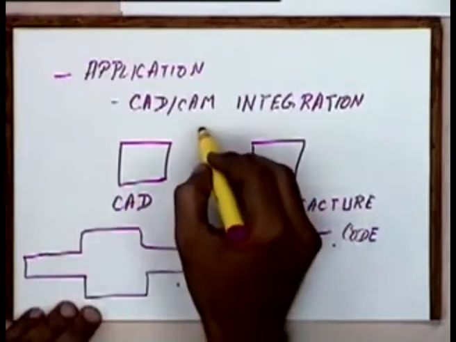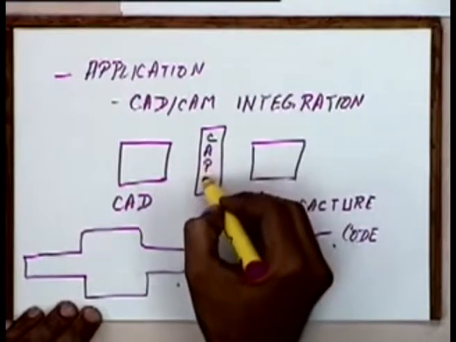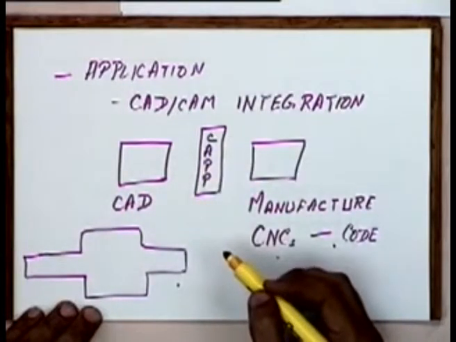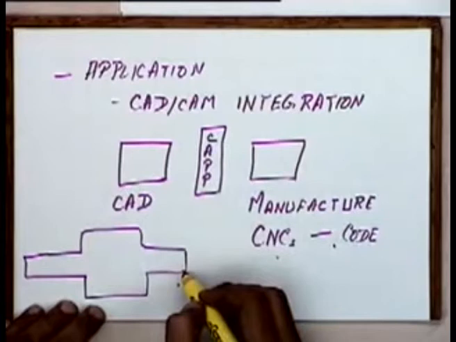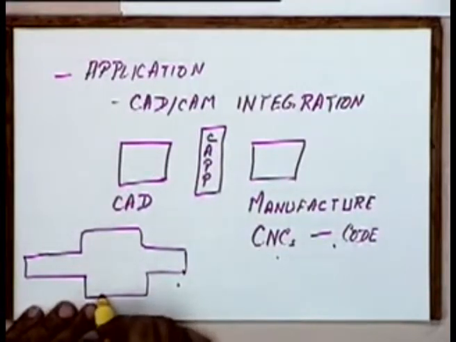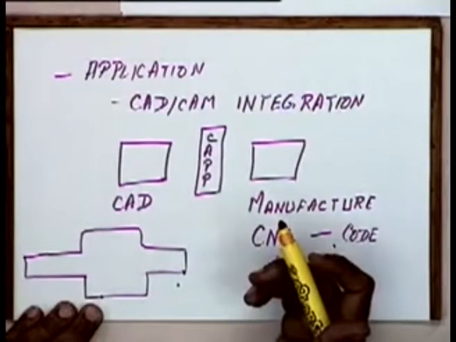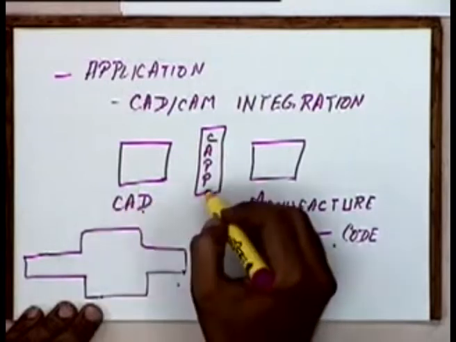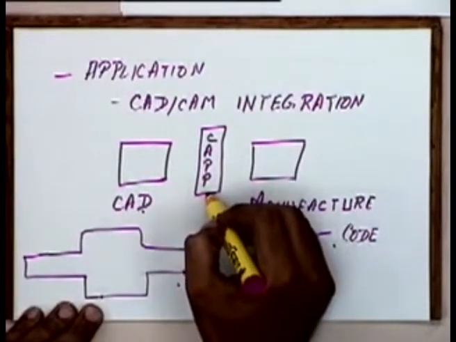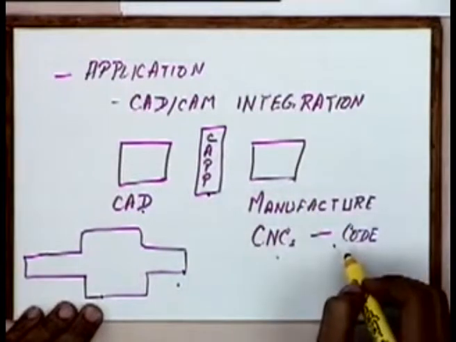Between CAD and CAM, we will have a stage referred to as computer aided process planning. For making a process plan, the CAD model that has been made will form the input. So CAD models will form an input for the computer aided process plan and will also be used for generating the NC code.